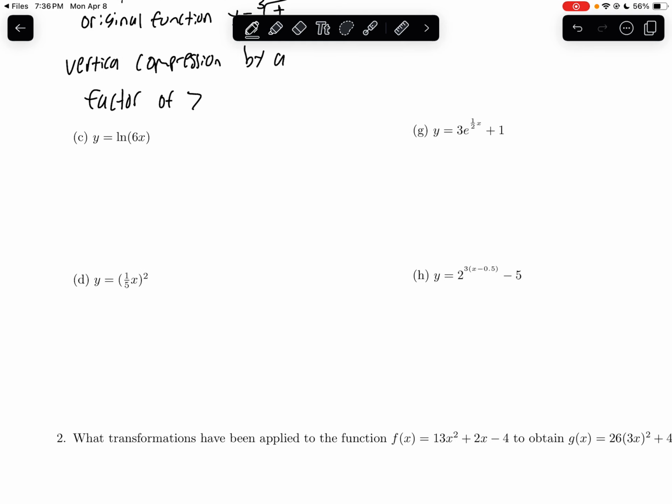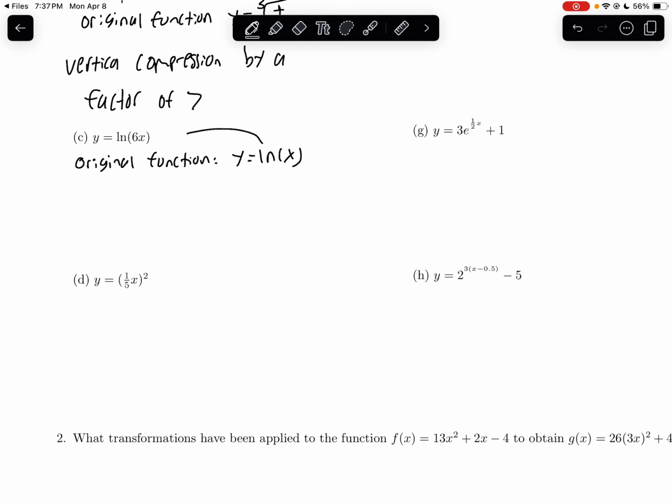Continuing on, for the next one I think the original function should just be ln of x. And then what are you doing? You have the 6x here, so you're multiplying the inputs.